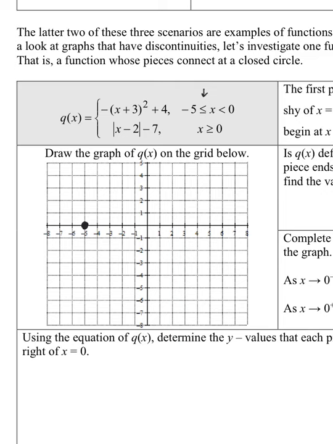Negative 1 plus 4 is 3, right? When in doubt, draw your table. And then here we have a vertex at negative 3, 4. And then it just mirrors the first, all right?